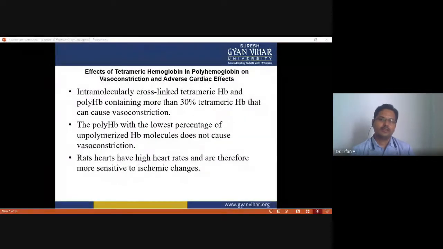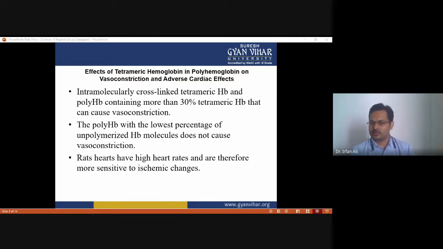Now we have to discuss the effects of tetrameric hemoglobin in polyhemoglobin on vasoconstriction and adverse cardiac effects. In addition to the polyhemoglobin from a human source and one from a bovine source, other modified hemoglobins have also been prepared and studied.